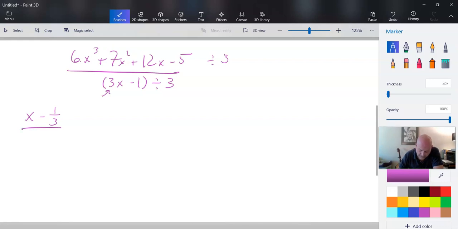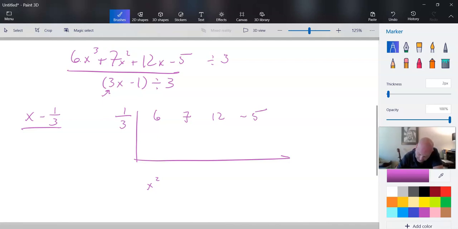We're going to divide this by x minus 1/3. Okay, so that means the outside is 1/3, right? Because I'm changing the sign. And I'm going to put in all my terms. Let's see, I'm starting with an x cubed. So that means that my answer is going to start with an x squared. It always drops by 1 degree as you do the division.